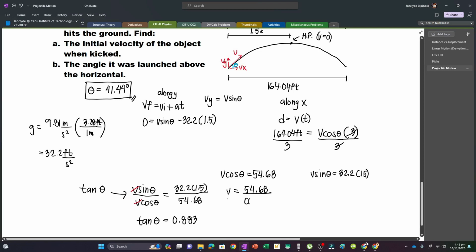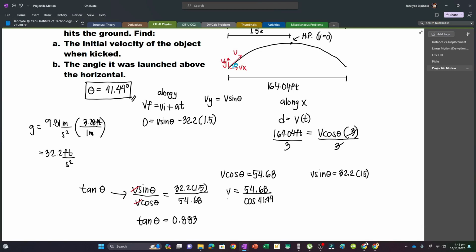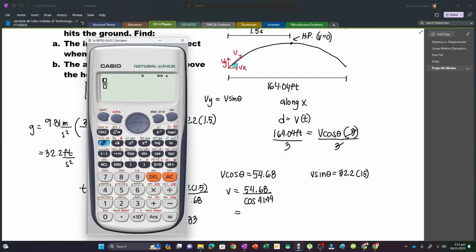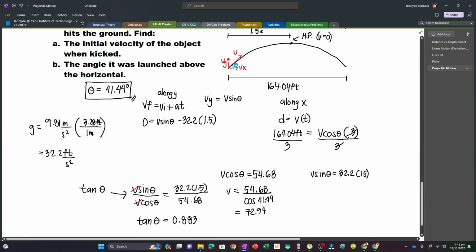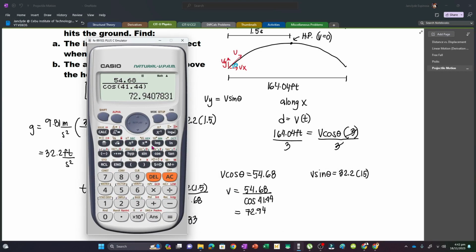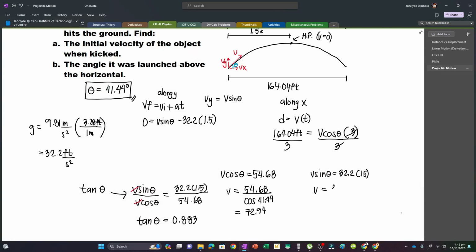Divide that by cos 41.44, and the V you get is 72.94. And then, how about if we use the other one, V is equal to 32.2 times 1.5 divided by sin theta, which is 41.44.